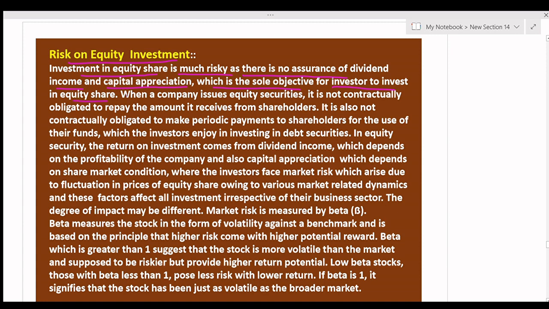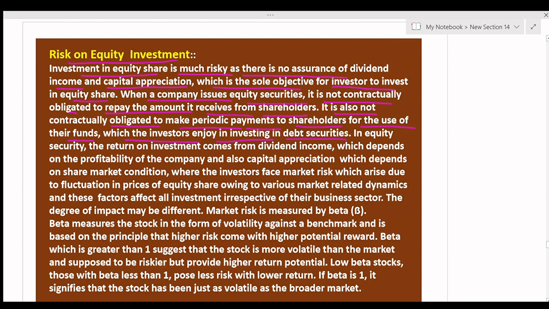When a company issues equity securities, it is not contractually obligated to repay the amount it receives from the shareholders. It is also not contractually obligated to make periodic payments to shareholders for the use of their funds, which the investor enjoys in investing in debt securities.